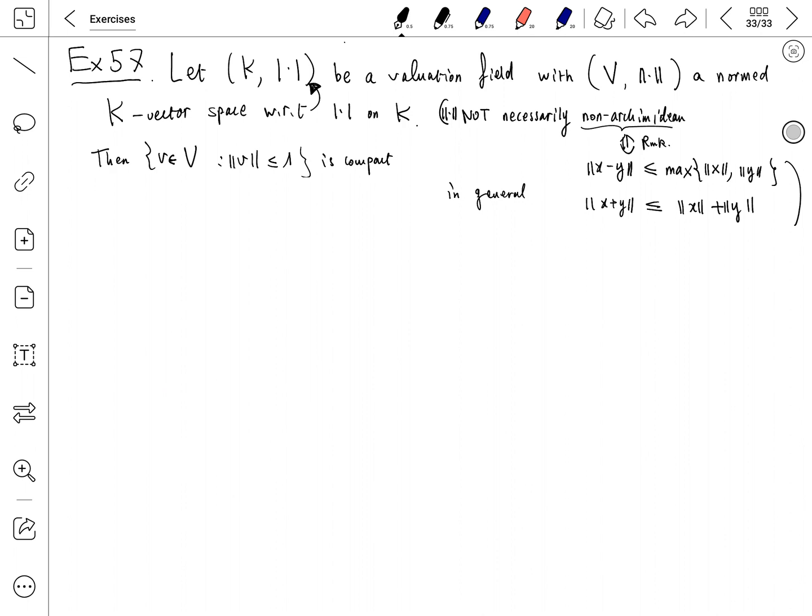I mean, the distance of two vectors is the norm of their difference. We want to show that this is equivalent to V being locally compact.